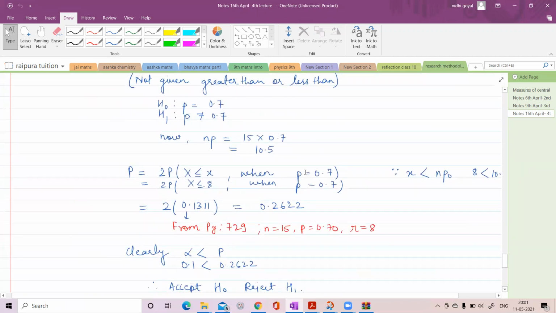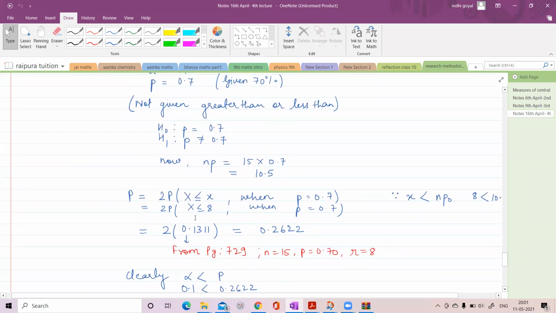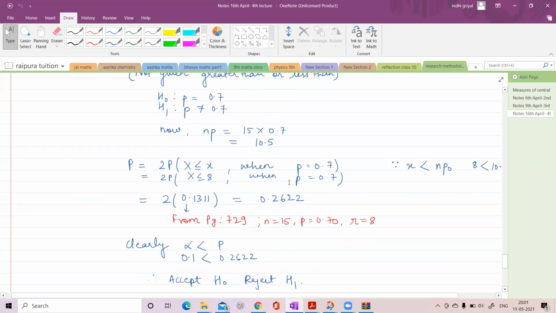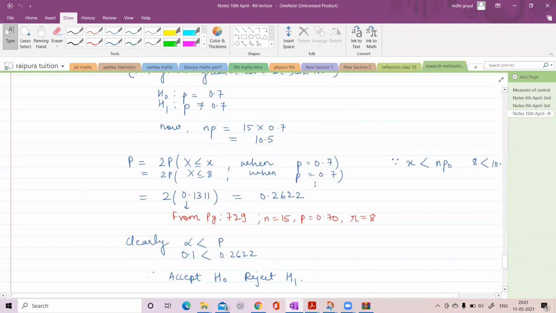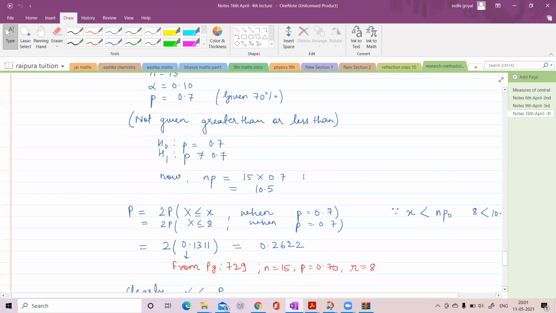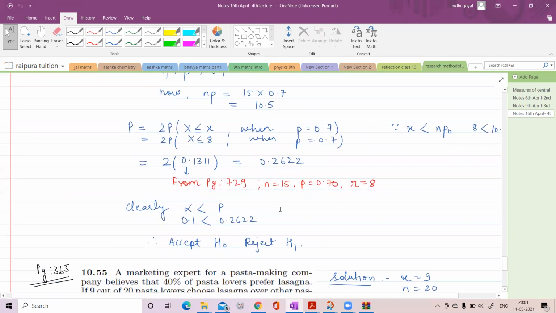For this you have to see the values on page number 729. So we will be calculating. This is very much understood using all these statistics. So how we have to calculate the value, that I will tell.